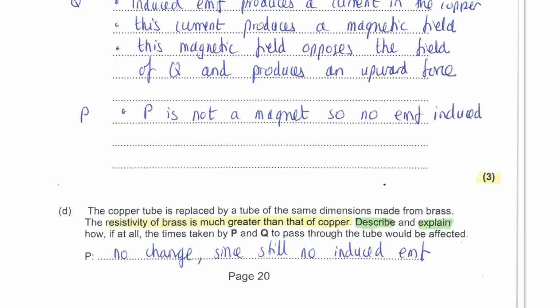Next, you are told that the copper tube is replaced by a tube of the same dimensions but made from brass. The resistivity of brass is much greater than that of copper. You are asked to describe and explain how, if at all, the times taken by P and Q to pass through would be affected.